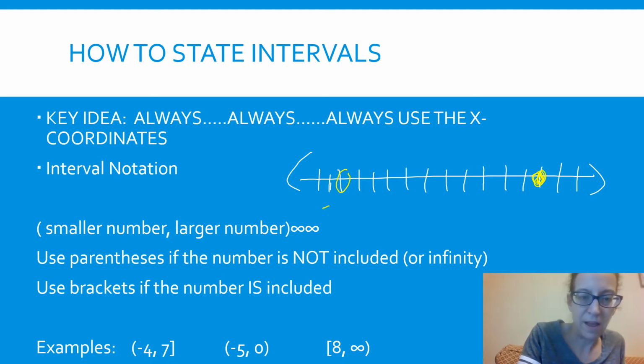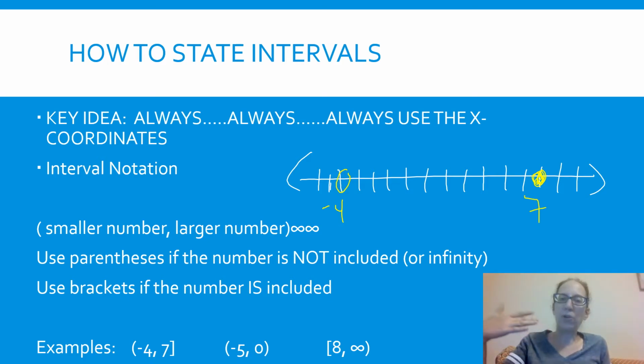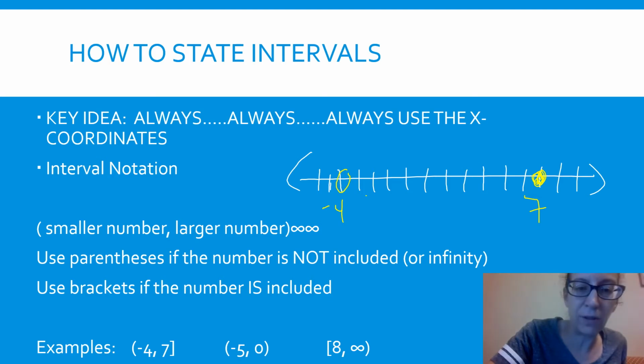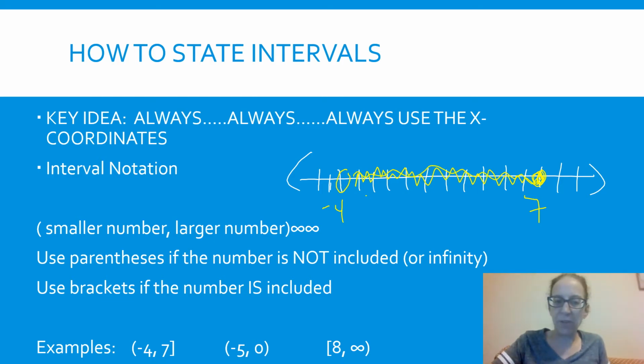So we start at -4 and we go to 7. And just like when you're sleeping and you say, I slept from 10 to 5, you mean 10, you mean 5, and you mean everything in between. So that means -4 to 7 and everything in between.